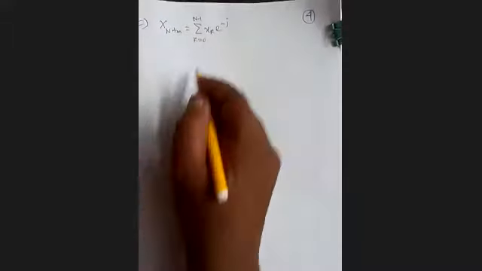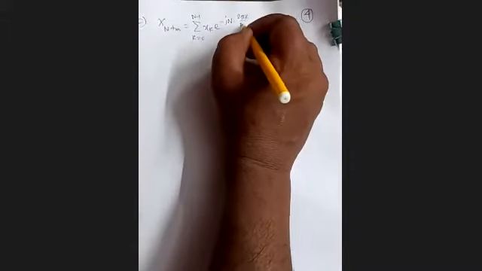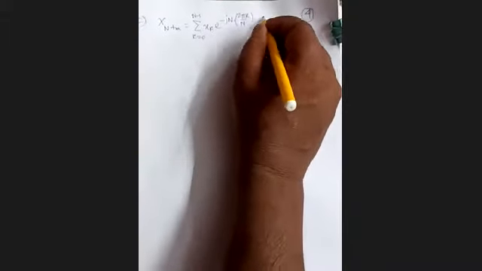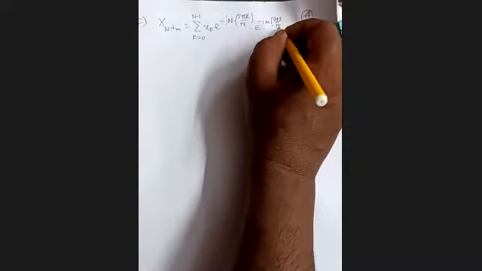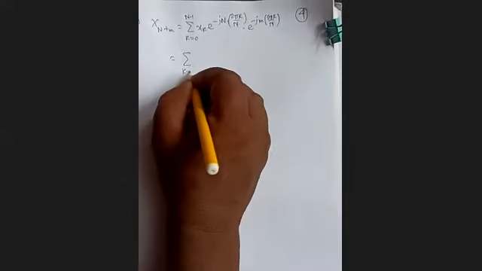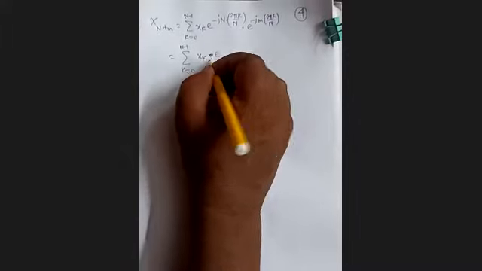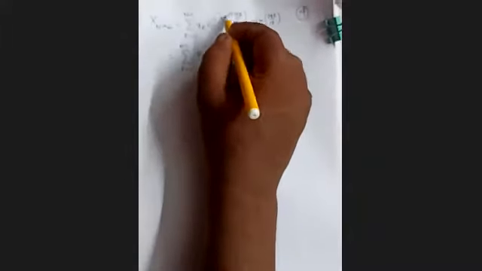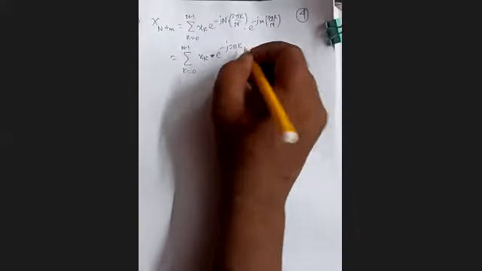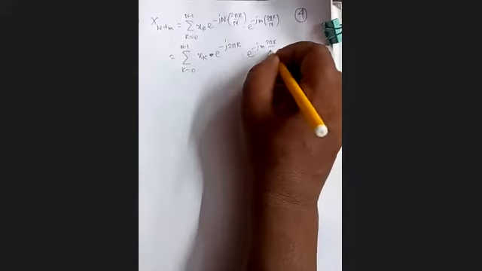So I'm writing it: e^(j N 2πk/N) into e^(-j m 2πk/N). Sorry, e^(-j N) cancels, e^(j 2πk) and e^(-j m 2πk/N).